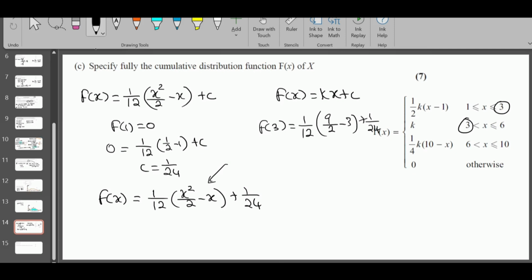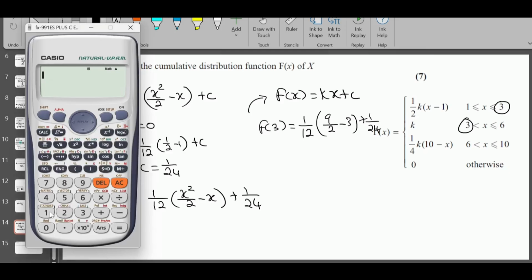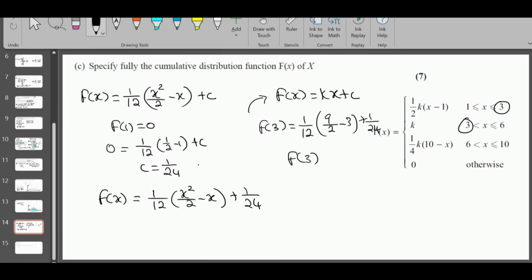Using the condition, sub in here. So what's F of 3? 1 over 12 times 9 over 2 minus 3 plus 1 over 24, 1 over 6. So F of 3 is 1 over 6.